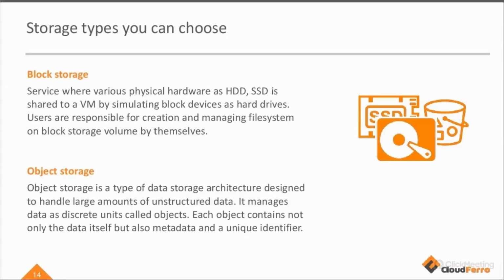Block storage is a simulation of a disk available through the network, and the backend for it can be rotating mechanical disks or solid state drives. Also, we provide object storage. It's a solution where storage is available through an HTTPS interface through the network and can be mounted or used directly from applications.